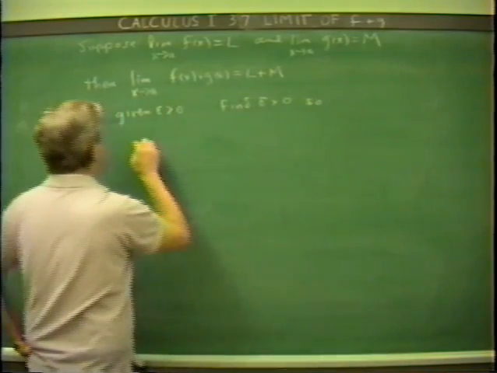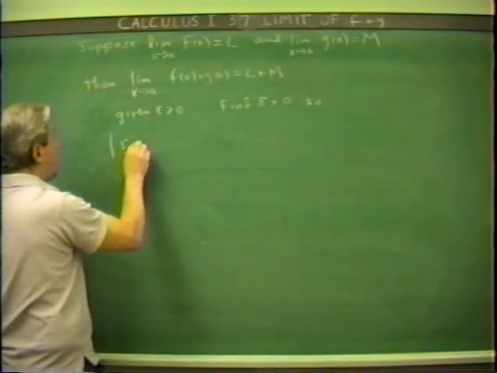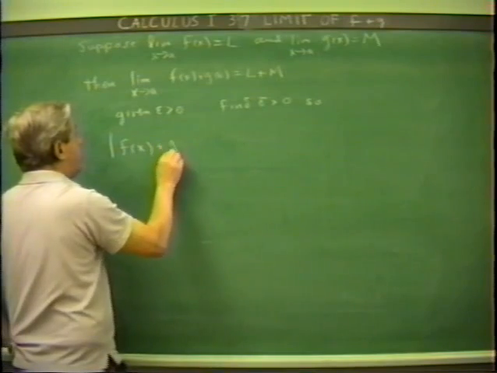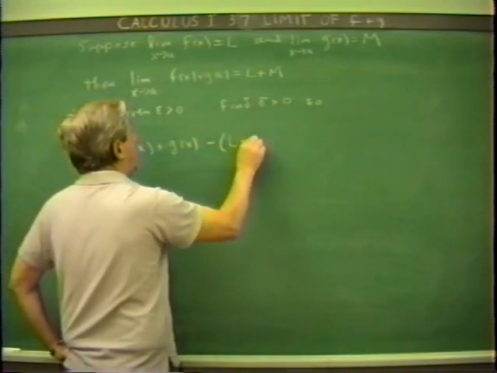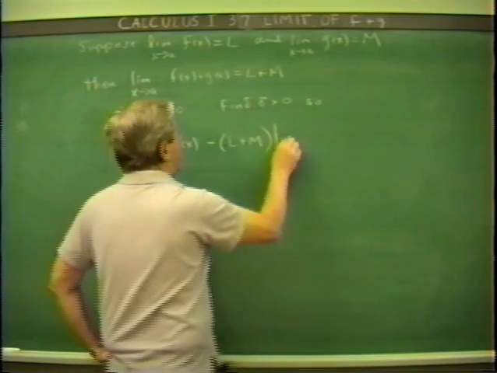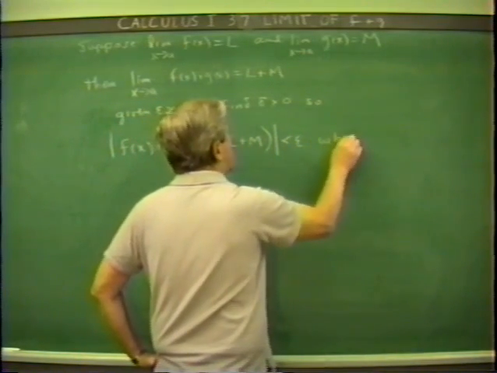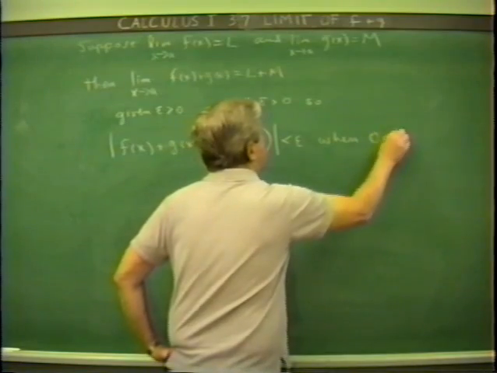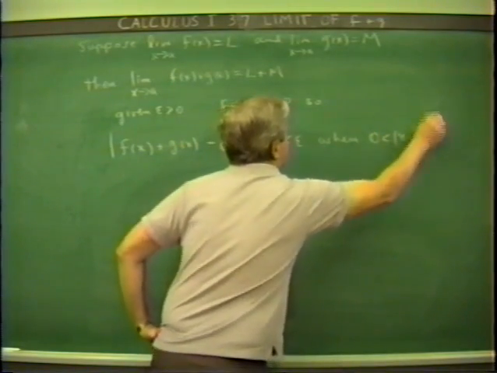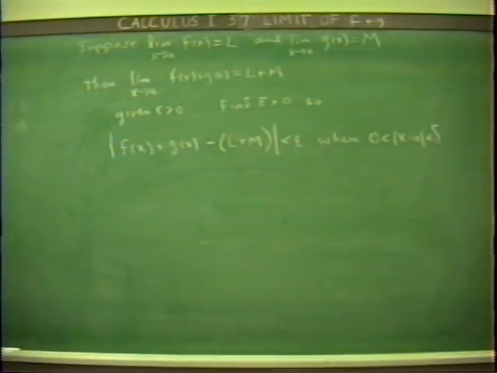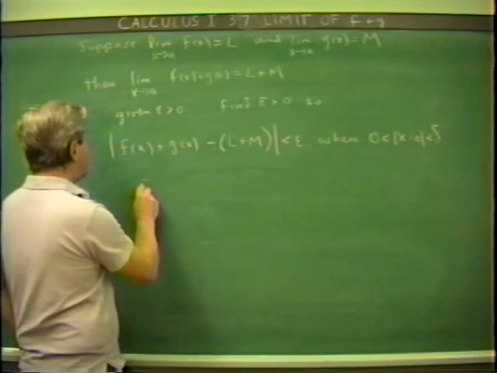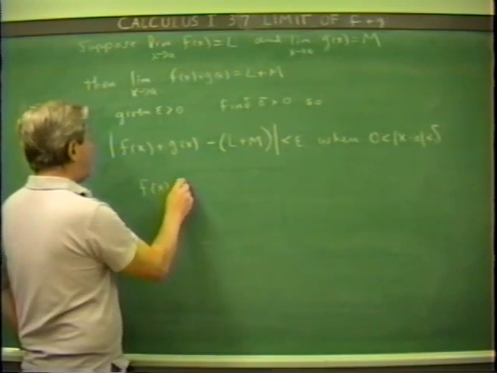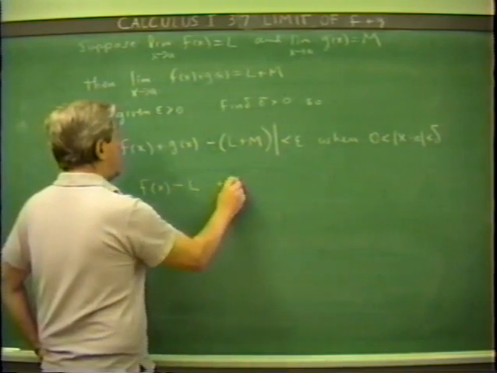The limit as x approaches a of f of x is plus infinity if for each number m greater than 0, there is a delta so that f of x is larger than m whenever 0 is less than absolute value of x minus a is less than delta. That's to say you can make the function larger than any value m by going close enough to the point a.